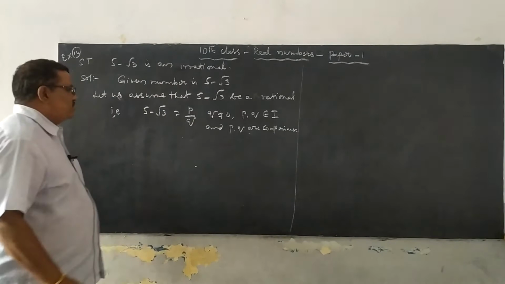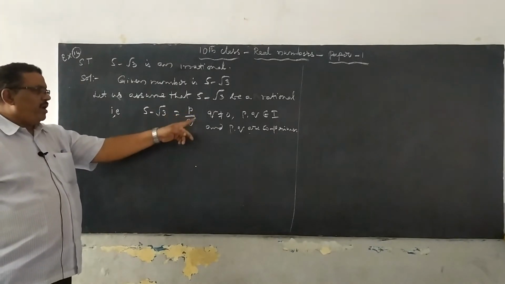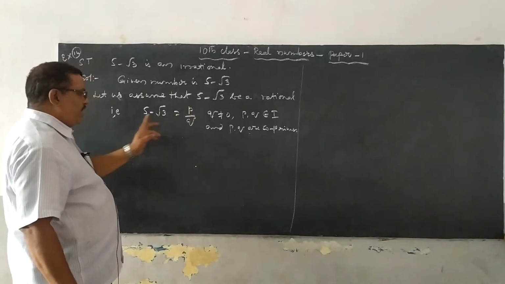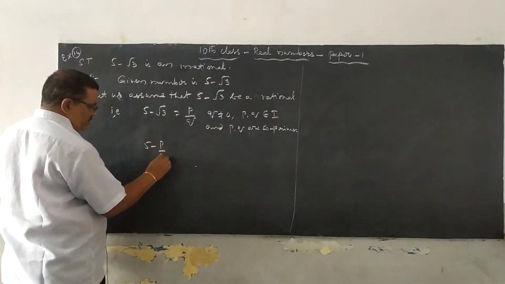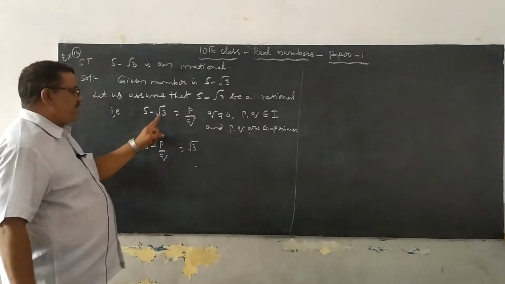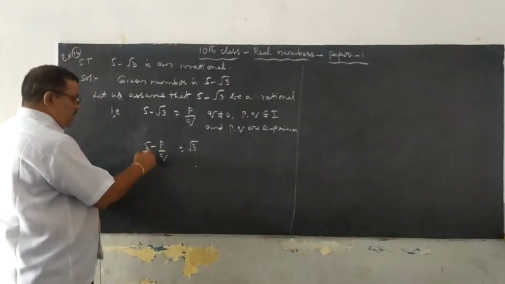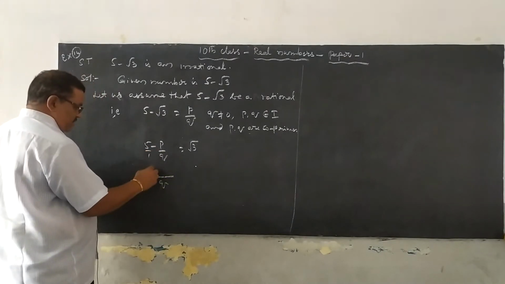Okay. So transpose minus root 3 to the RHS and p by q to the LHS. You get 5 minus p by q equal to root 3. Take the LCM here, q is the LCM.